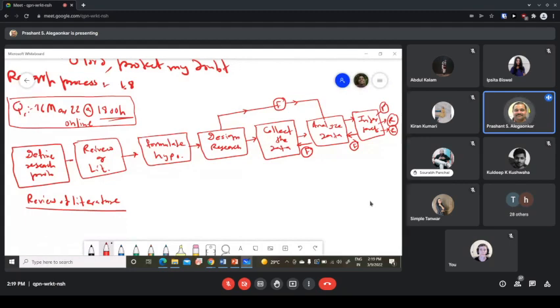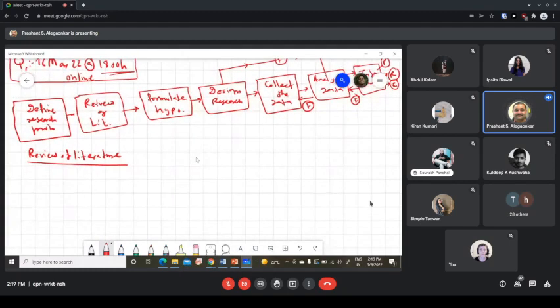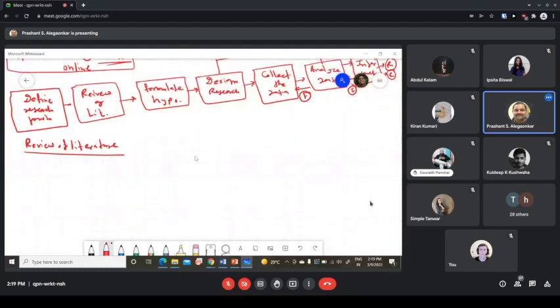Now, as I told you, when you are dealing with formulating a hypothesis, one of the important things you have to do is this formulation of hypothesis.